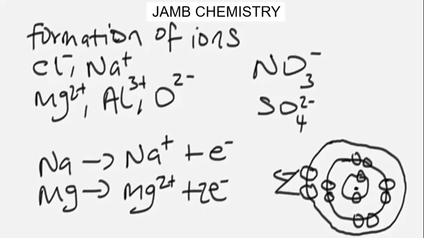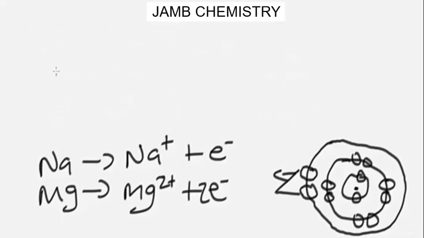Okay, now let's look at the concept of nonmetals in formation of ions. Now, when nonmetals form ions, they gain electrons into the outer shell to form negative ions. Okay, now let me illustrate. For instance, let me use chlorine atom.